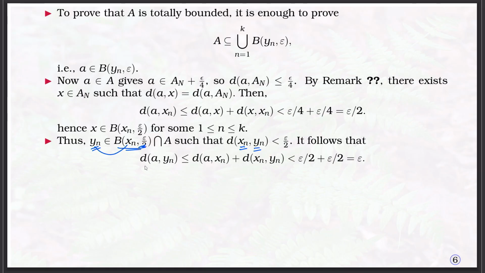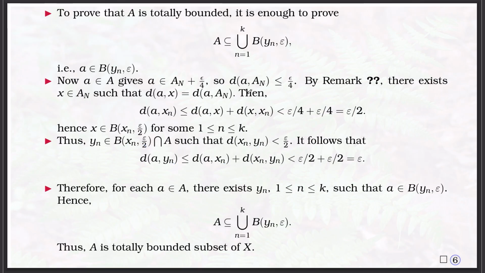It follows that for the distance between a and y_n, we can write the triangle inequality: the distance between a and x_n plus the distance between x_n and y_n. This quantity is less than epsilon by 2 and this quantity is less than epsilon by 2, so one can get that it is less than epsilon.